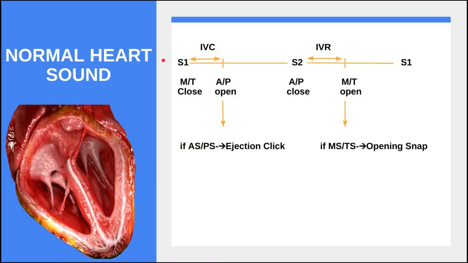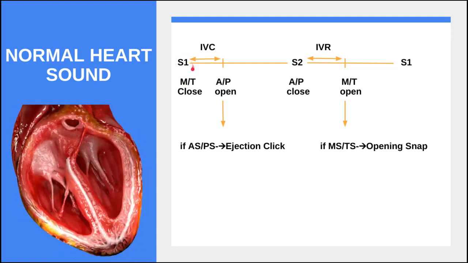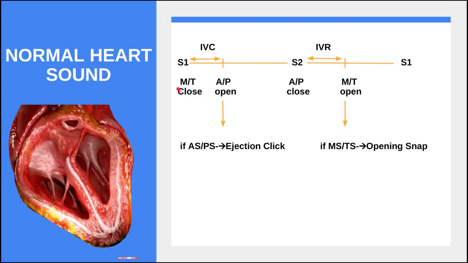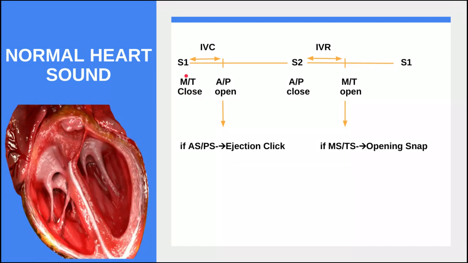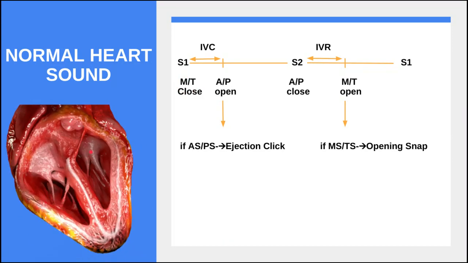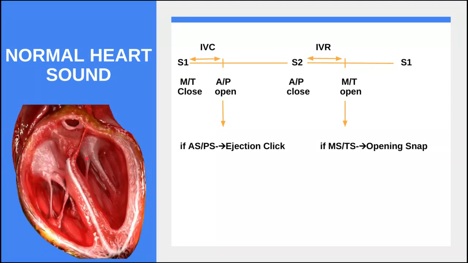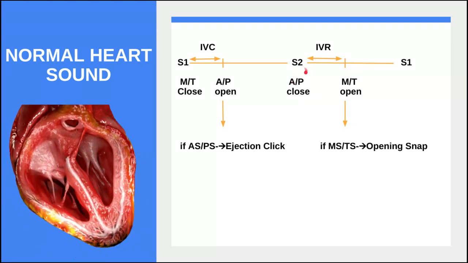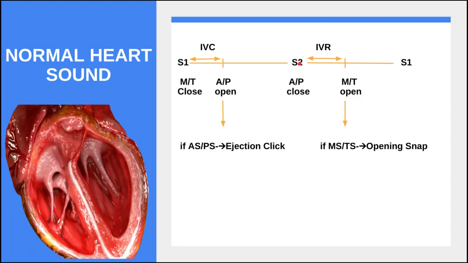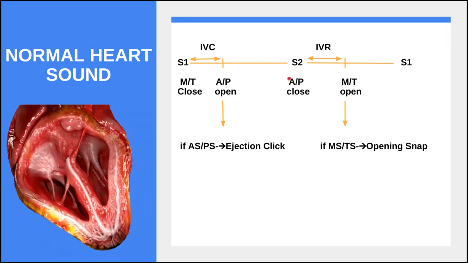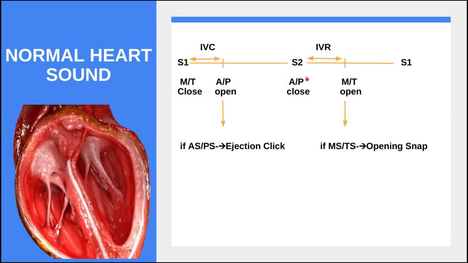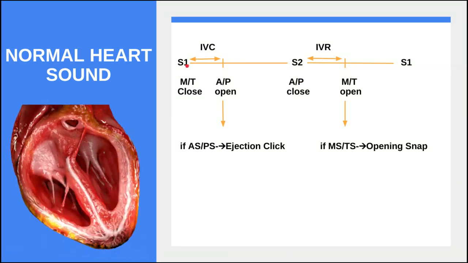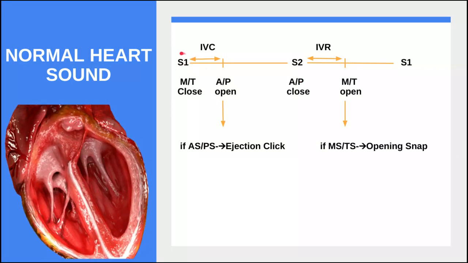So the first heart sound is produced by closing of the mitral and tricuspid valves. This is the mitral valve and this is the tricuspid valve. And the second heart sound is produced by closure of the aortic and pulmonary valves.